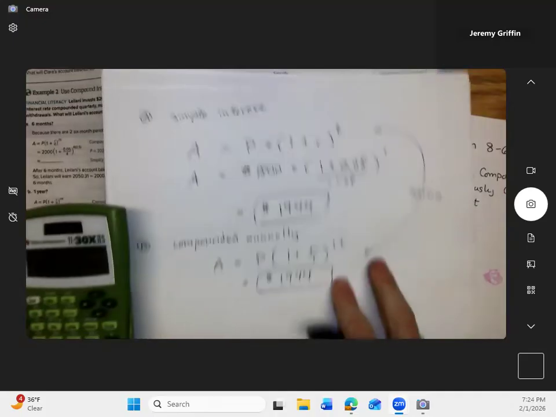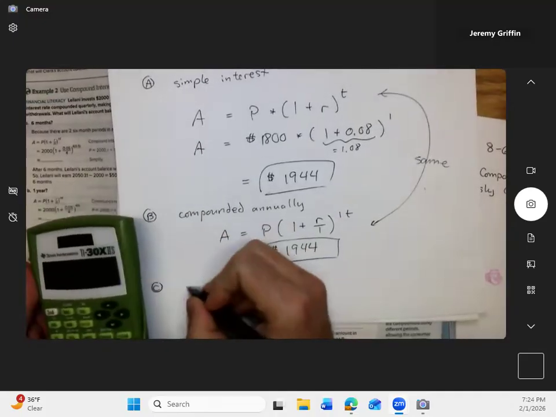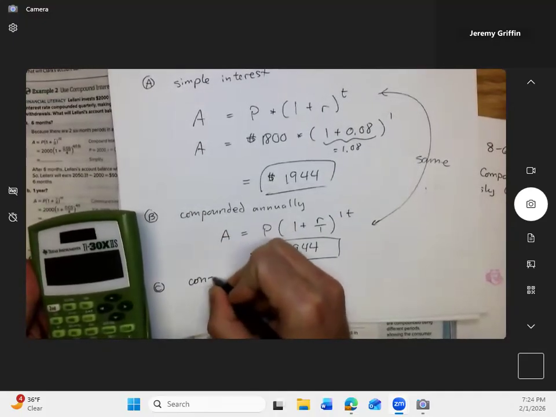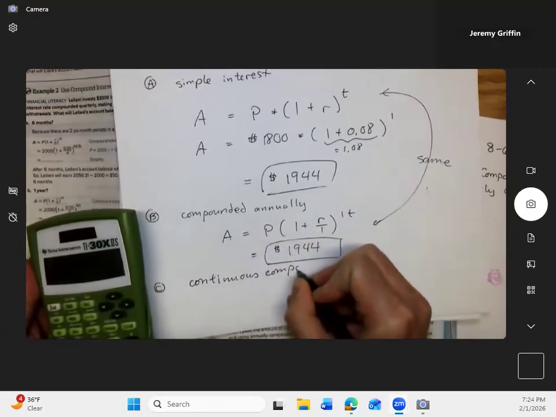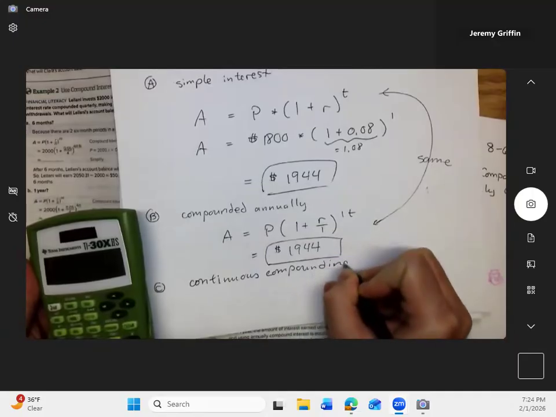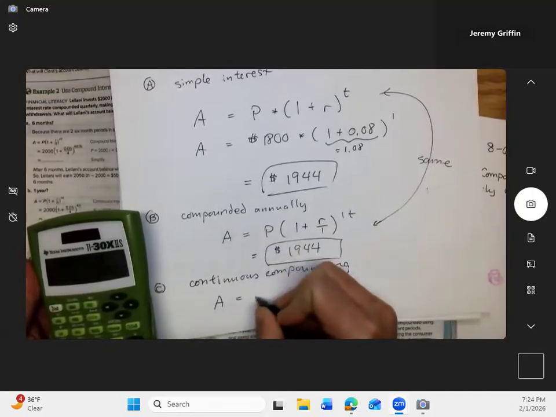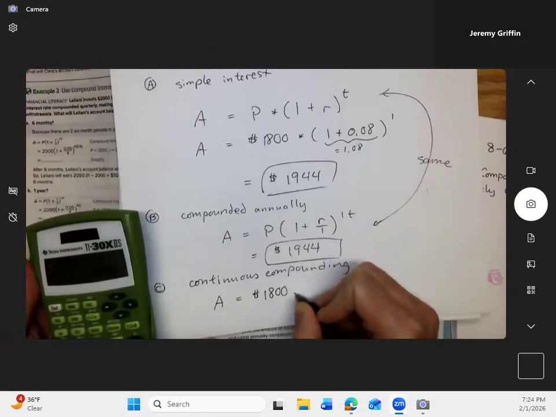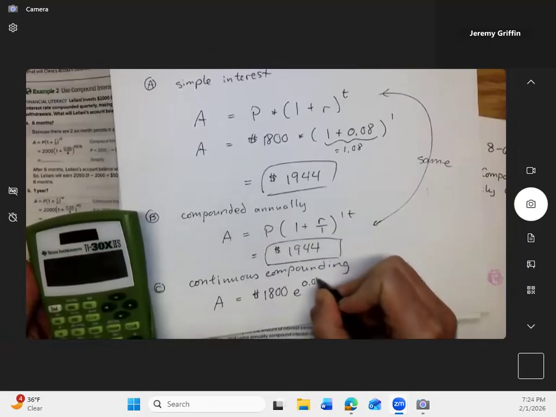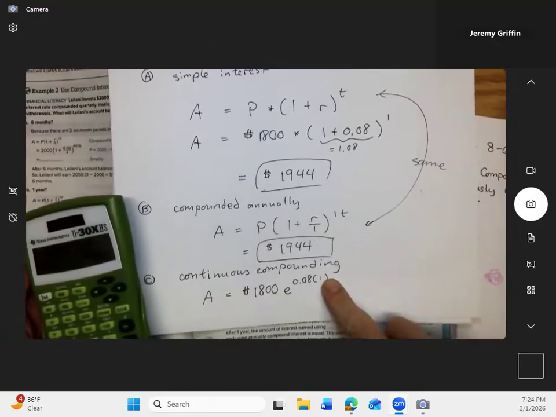Okay. Now, how about continually compounded? Right. This one should give us a larger value. Right? Continuous compounding. Right. So A equals P, which is 1,800, times e to the power of 0.08 times t, and t is 1 year.